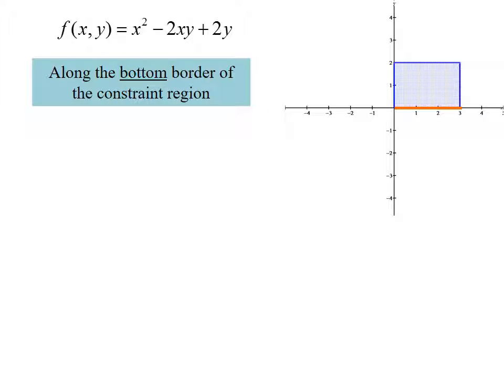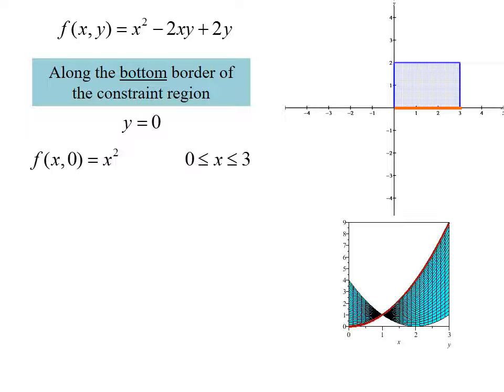So then the bottom border of this rectangular region, the line along the bottom that I've got highlighted here in orange, is the line y equals 0. So if we take y equals 0, plug that into our function, we get f equals x squared. Well, here is the graph of x squared on the interval from 0 to 3.